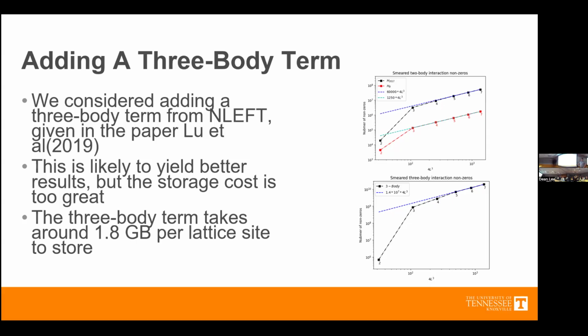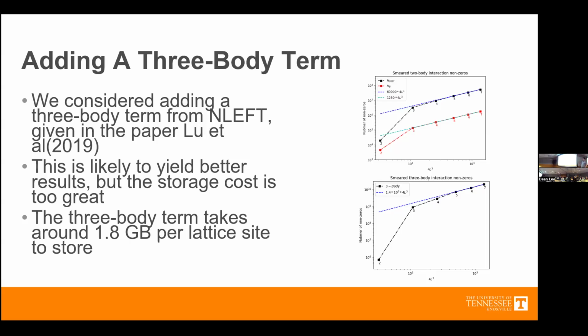But for the three-body interaction, I couldn't fit it on this chart because it would be almost entirely above it. The prefactor is around 10 to the 7, so it's much larger. And so this is around 1.8 gigabytes per lattice site for the three-body term. And so that's not feasible to store ourselves or do calculations with.